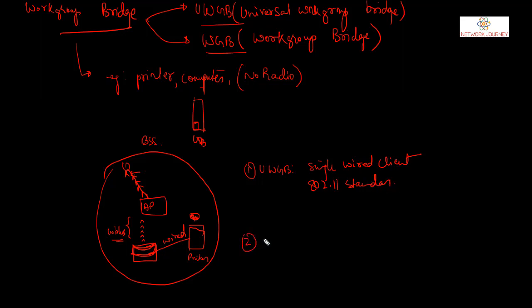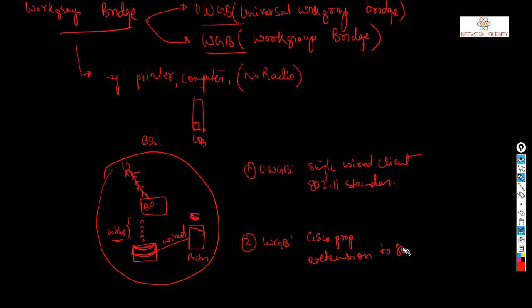Whereas WGB is Cisco proprietary, and it's an extension to 802.11, and it's going to support multiple wired clients.